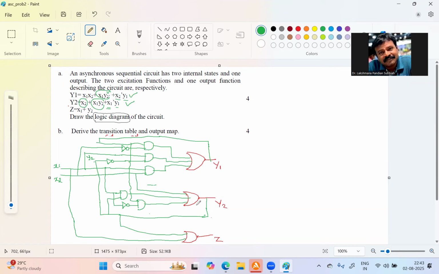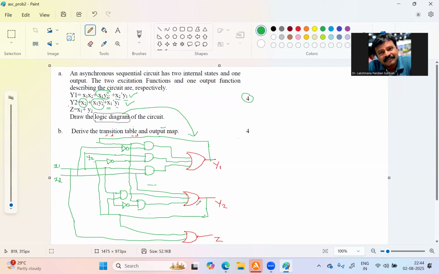Use a proper pencil and scale to draw the diagram. This is the logic diagram, for which there are 4 marks. Next you have to find the transition table. First we draw the map table, and then you will get the transition table, and then another one, the output map.